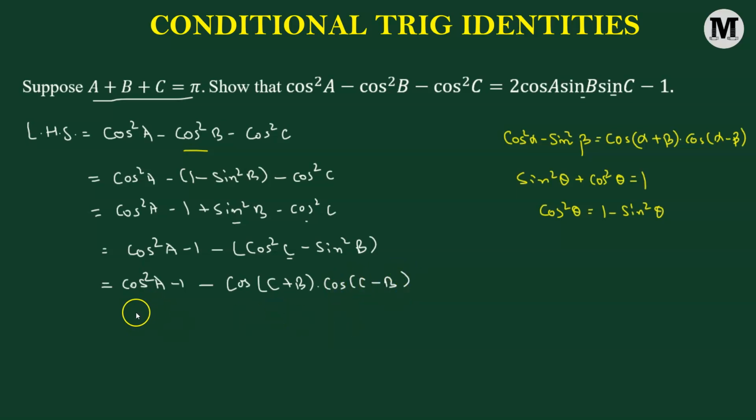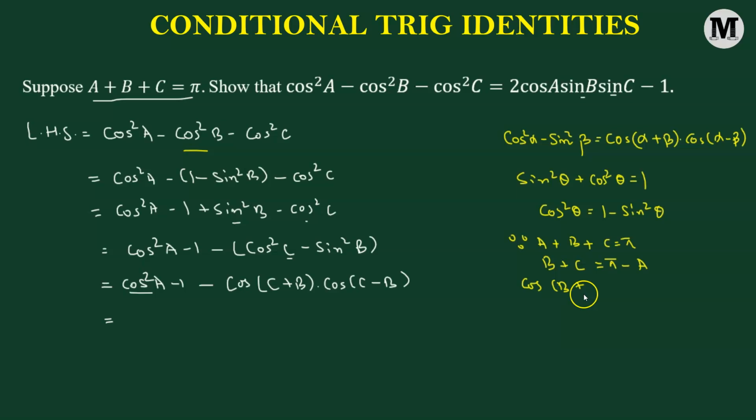Okay, fine. Now what we have here is cosine squared A minus 1 minus the product of two cosine functions. So let's work with this cosine of A. Since A plus B plus C is equal to pi radians, B plus C can also be considered equivalent to pi minus A. Now let's take the cosine function on both sides.